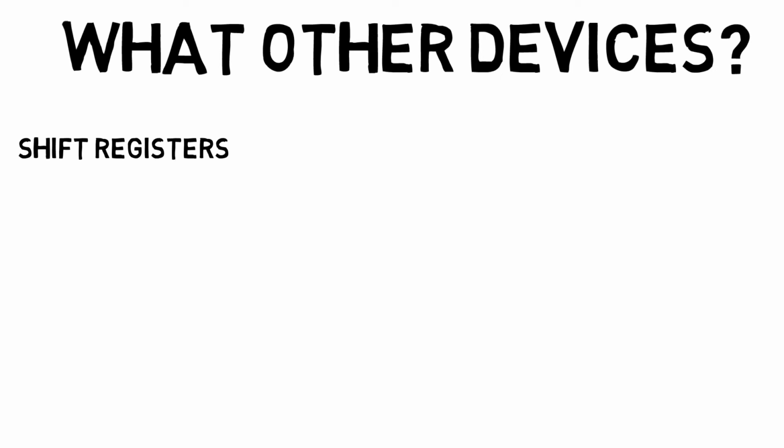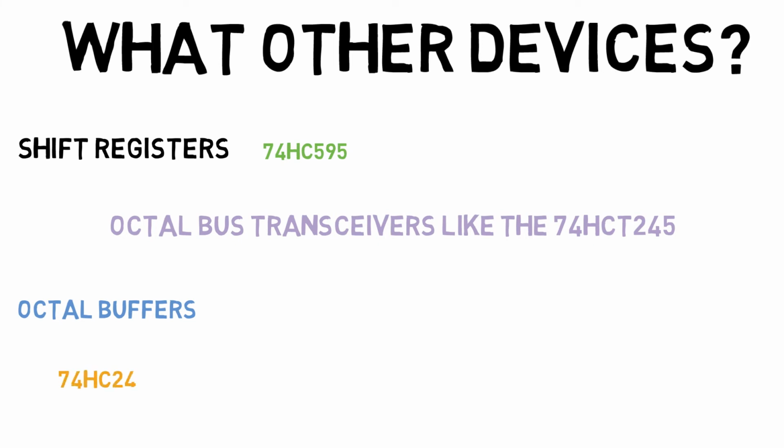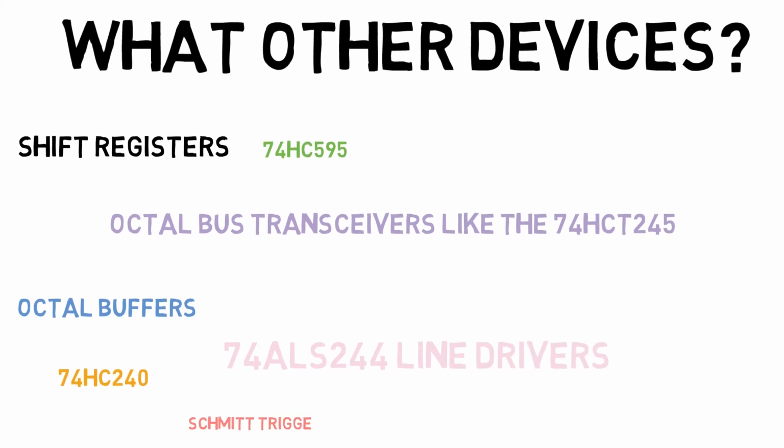These include shift registers like the 74HC595, octal bus transceivers like the 74HCT245, and octal buffers such as the 74HC240. These logic devices come in useful in many different ways. You can also keep devices similar to the 74ALS244 line drivers, Schmitt triggers, and discrete flip-flops on hand, depending on what you want to do.